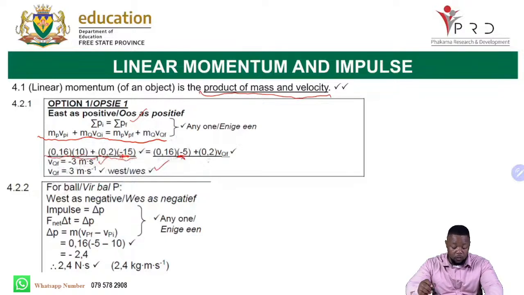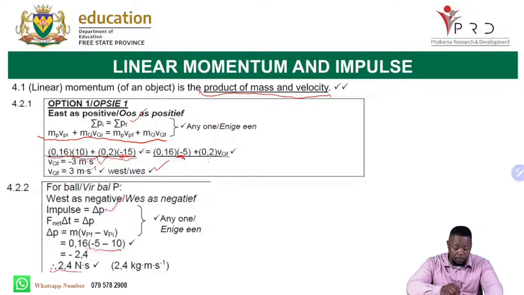Then 4.2.2, we are calculating the impulse. So we should remember that impulse is equal to change in momentum. And then we are focusing on ball P. And therefore, the velocities substituted here are velocities of P. Remember that the second velocity is in the opposite direction. Hence, you see the -5 and -10.